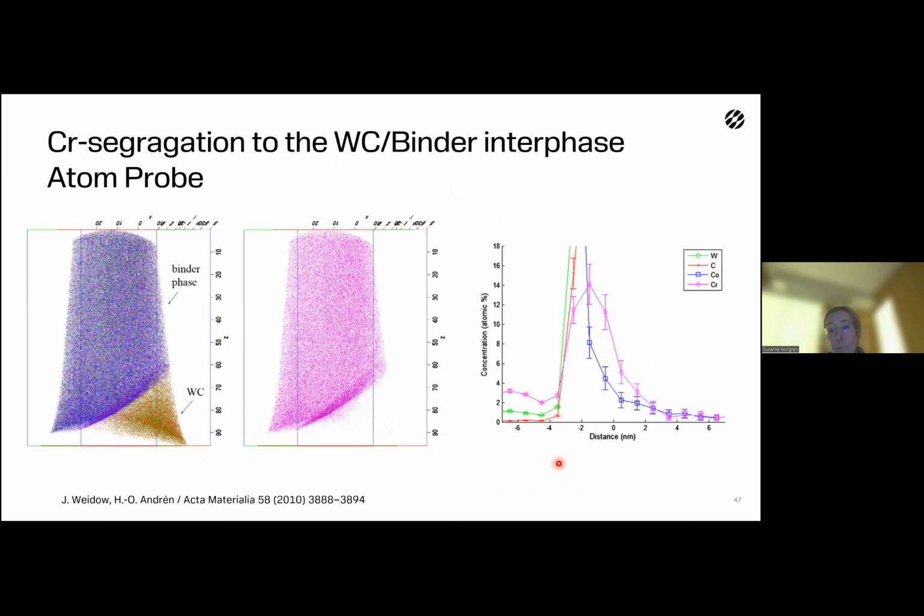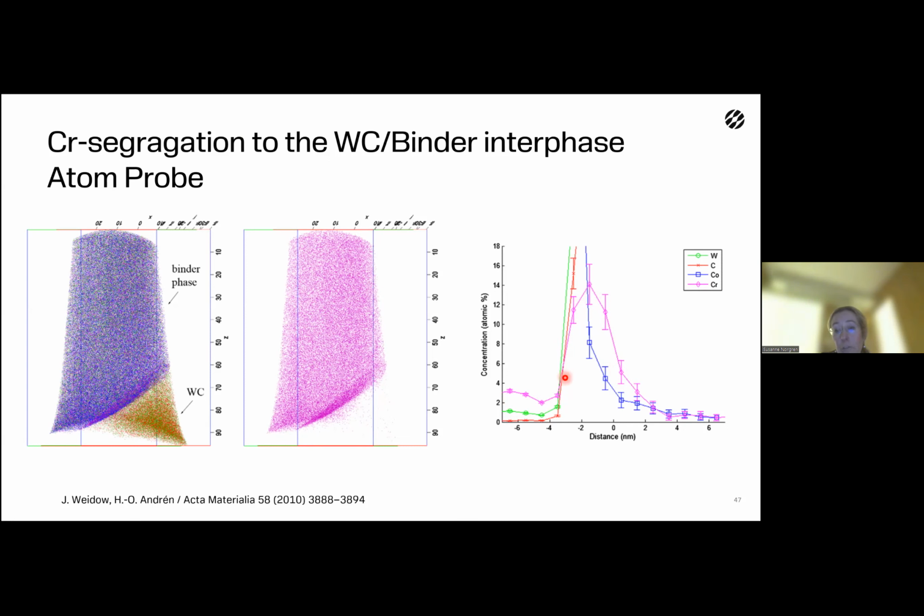Further, we did atom probe studies of the segregation of chromium to the interface. And here you see the tungsten carbide grain and the binder phase in an atom probe sample. And here you can see the chromium atoms in pink. And if you go close to the interface and make this proxy diagram, you can see that the chromium is clearly increasing at the interface.